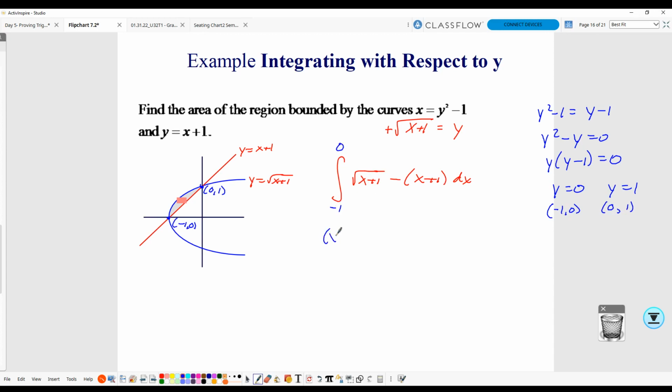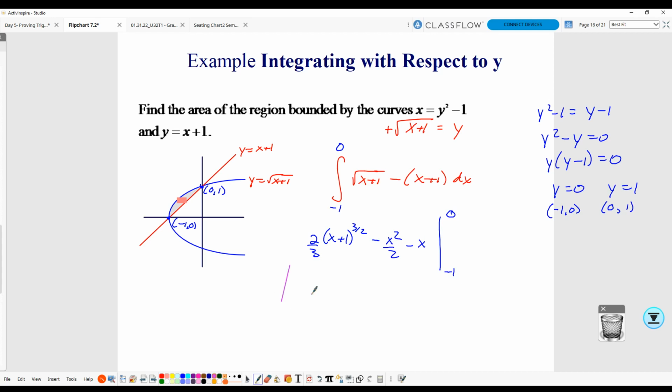Here, raise the power, divide by the new power, divided by 3/2 is multiplying by 2/3. And here, distributing the negative, x squared over 2 minus x, evaluated from 0 to -1.